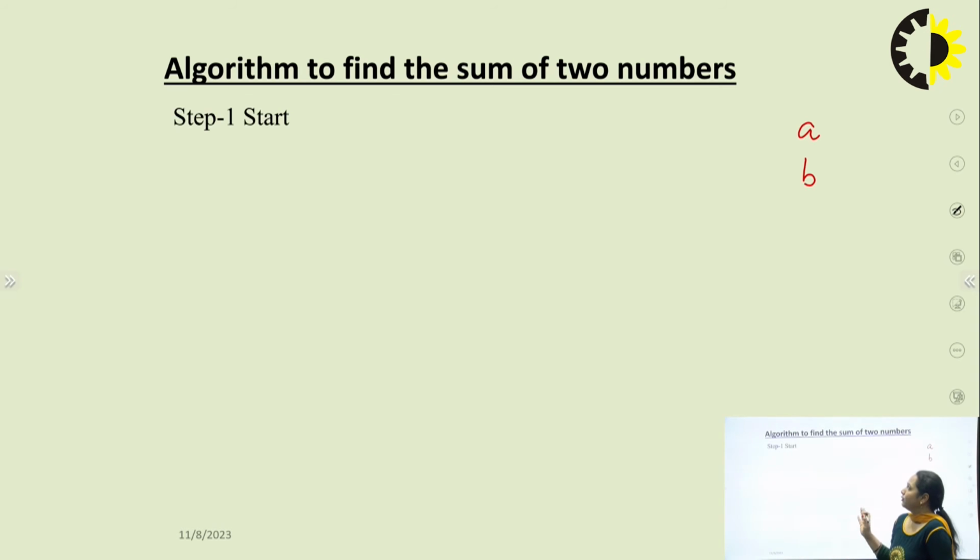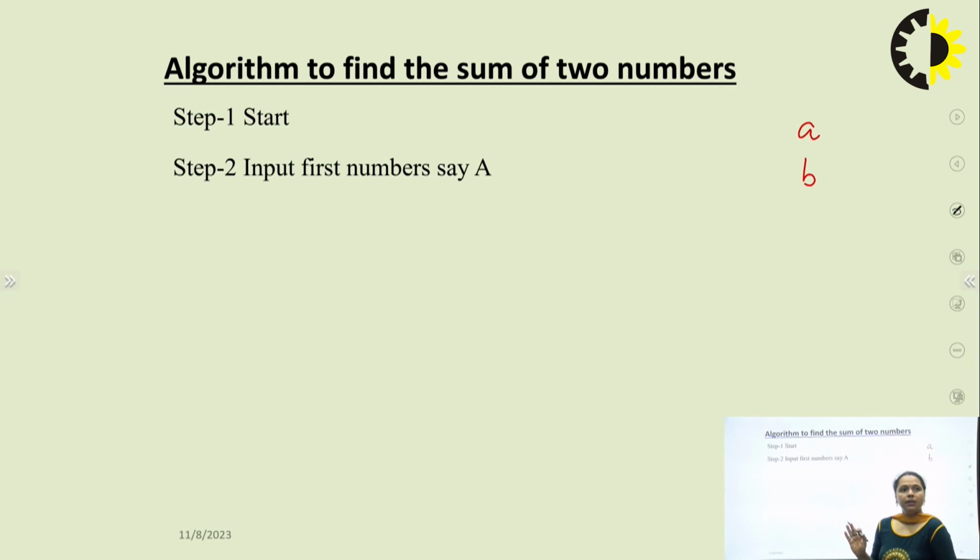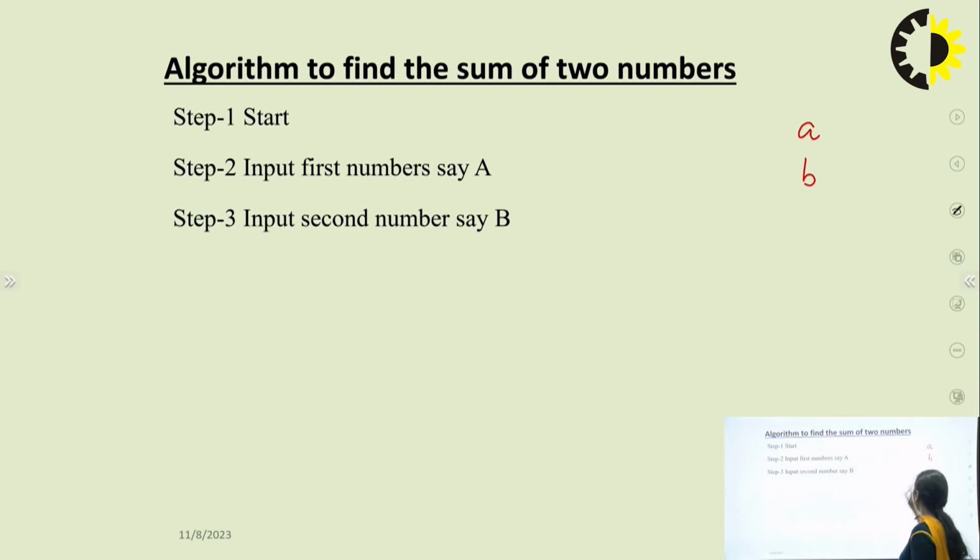The first step for the algorithm is start, which resembles that we are starting the solution. Step 2 is input the first number, say A. As we have to take two numbers as input, the first step will be to take input A. Next, input the second number, B.